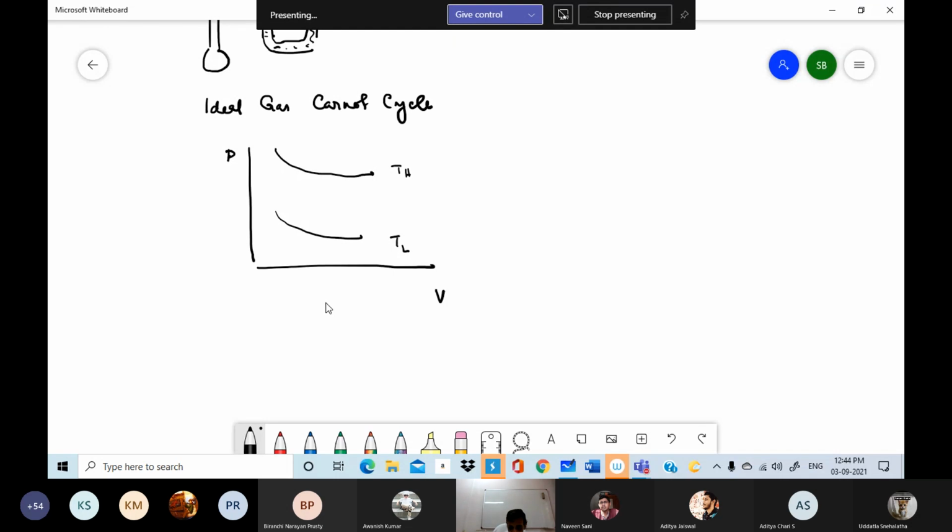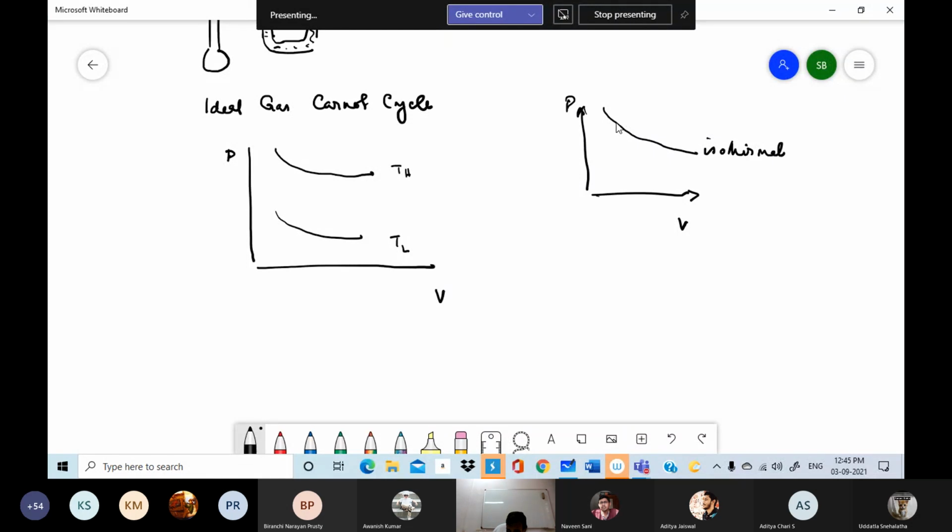So between an isothermal and an adiabatic, how do the two graphs look? This is V. If I consider the expansion, let us say I have a gas at a certain pressure and volume.